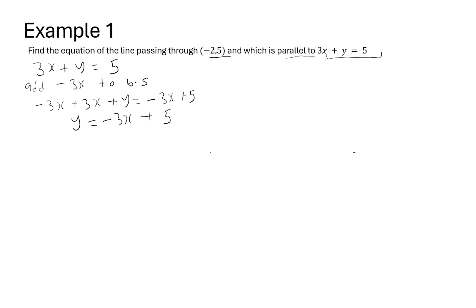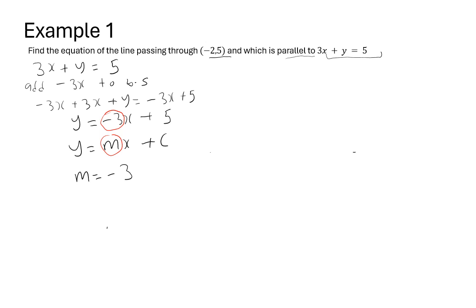Now, let's remember the formula for the equation of the line is y = mx + c, where m is the slope. Our target is to find the slope, and you can see this m is the same as the -3 here. So for this equation, our slope m is -3. Now we want to find the equation which is parallel to this equation.